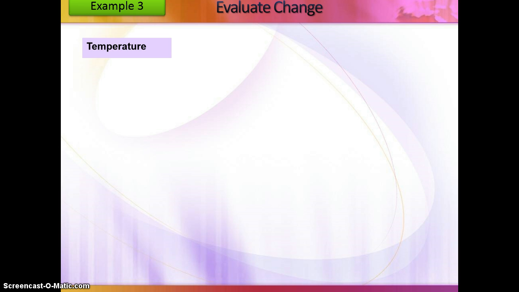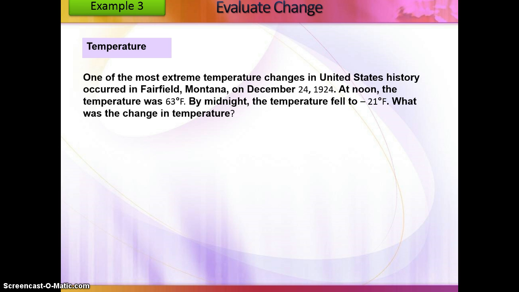Evaluate change. One of the most extreme temperature changes in United States history occurred in Fairfield, Montana on December 24, 1924. At noon, the temperature was 63 degrees Fahrenheit. By midnight, the temperature fell to negative 21 degrees Fahrenheit. What was the change in temperature?